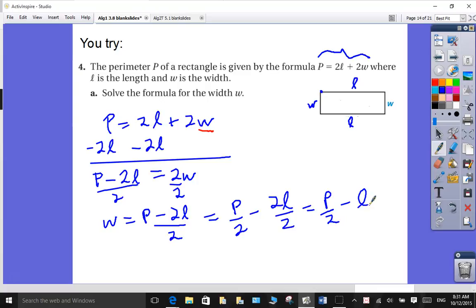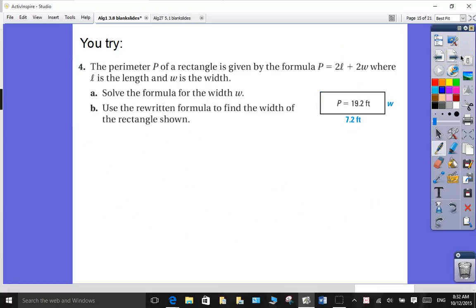So these last couple with the triangle and with the rectangle, those are formulas, right? So that's the break point between the literal equation and a formula. So now we're going to use this: W equals P minus 2L over 2.